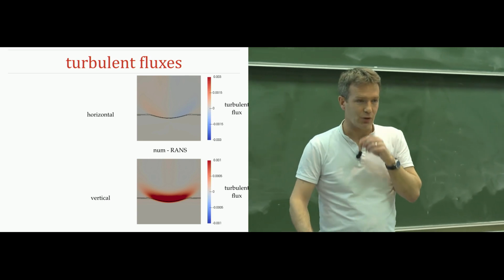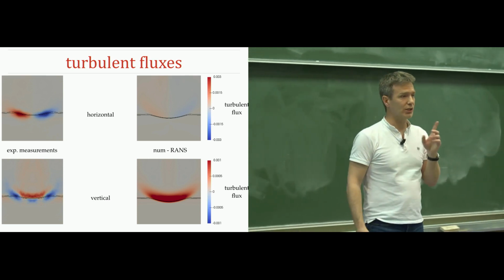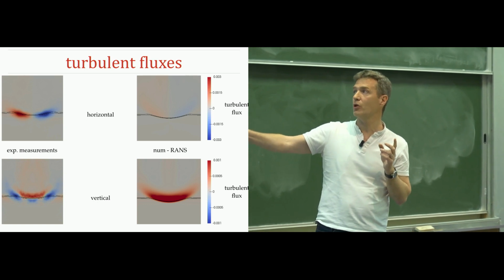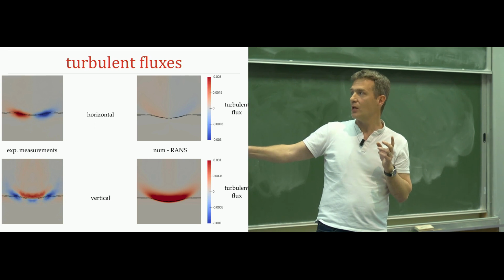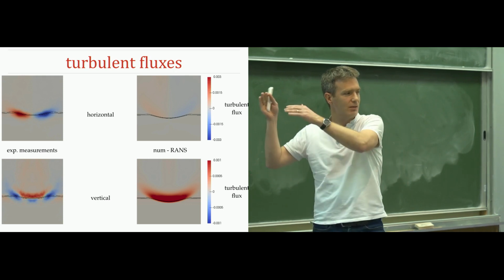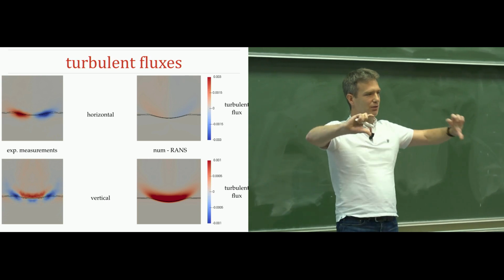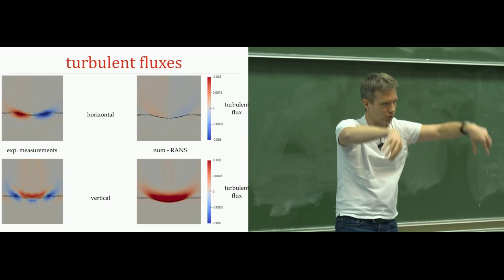But now we have data from the experiment, and when we look at it, it's not at all what we see. We see mostly a horizontal turbulent flux. We have some vertical turbulent flux, but it is positive in the middle and negative on the side. From this decomposition point of view, it means you have a demixing: a flux going from the top layer towards the bottom layer.